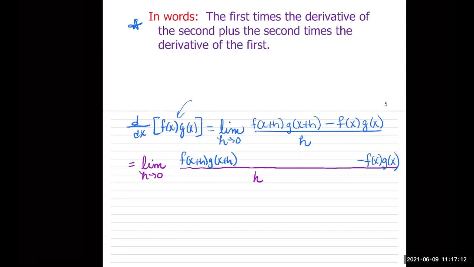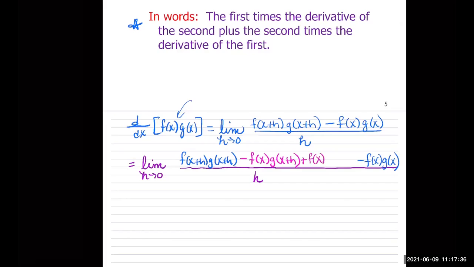But now what I'm going to do is add or subtract the same thing in the middle. So I'm not changing the problem. And you'll see why I want to do that in just a minute. But I want to subtract f of x times g of x plus h. But I can't change the problem. So if I subtract that, then I need to also add it.